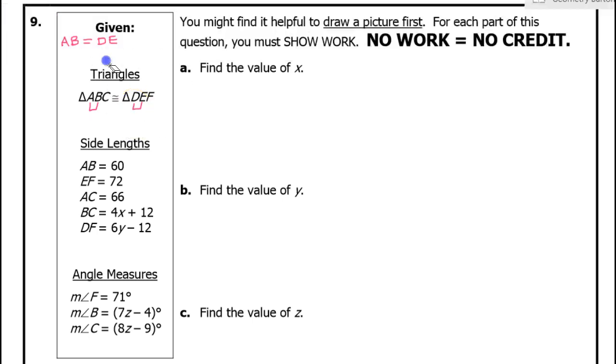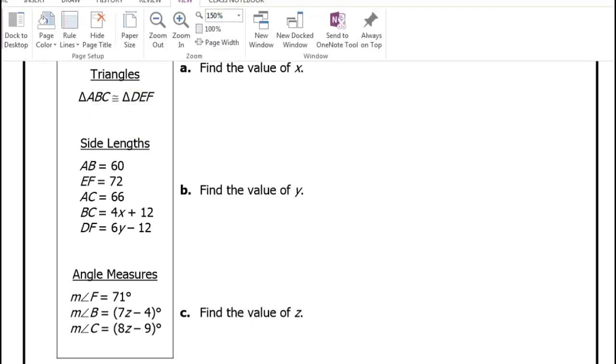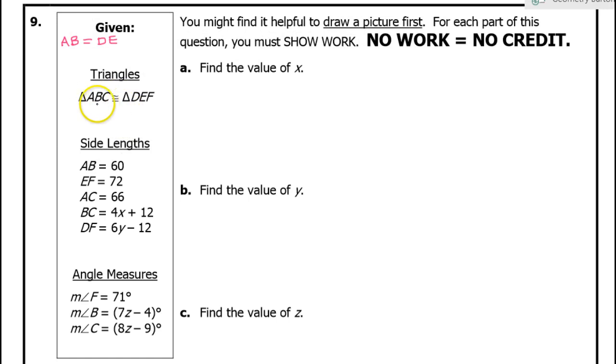Okay, let's keep going. Similarly, see how B and C are last, and then E and F are last. So that tells me that length BC is equal to length EF.